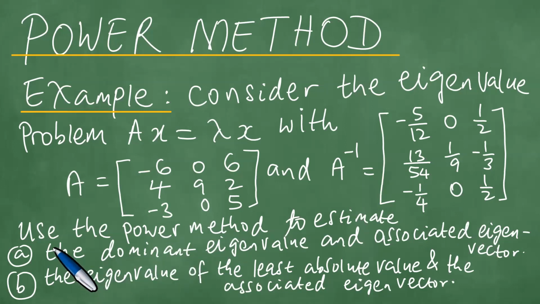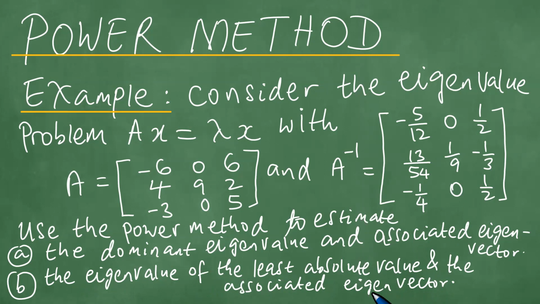Okay, and then obviously the question is: use the power method to estimate the dominant eigenvalue and the associated eigenvector, and the eigenvalue of the least absolute value and the associated eigenvector. This is very important for exam purposes, and we discuss this because there are just two components.